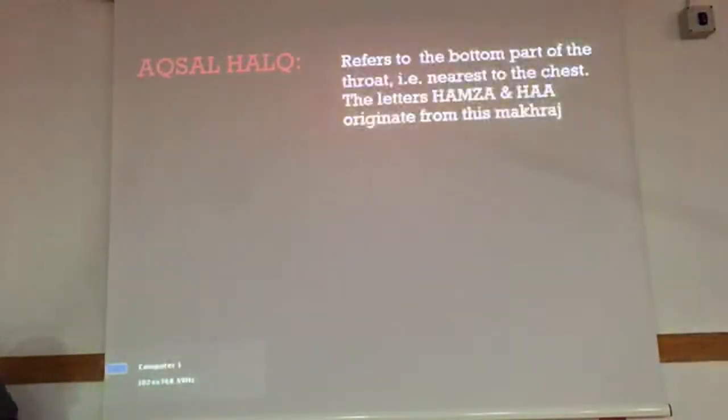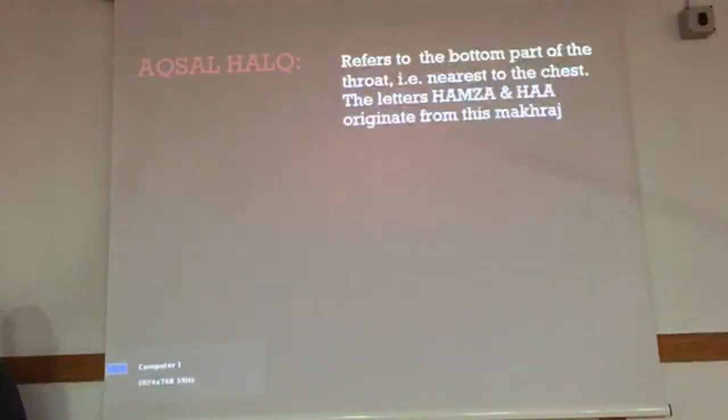The first 2 come from the aqsal halq. What does aqsal halaq mean? Aqsa refers to the bottom, the low. So aqsal halaq refers to the bottom part of the throat, which is the throat nearest to the chest, okay?